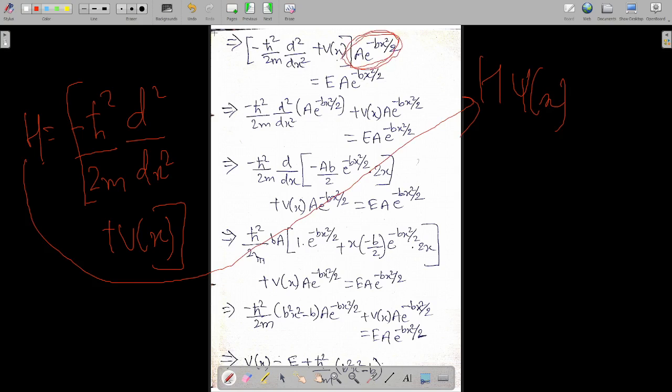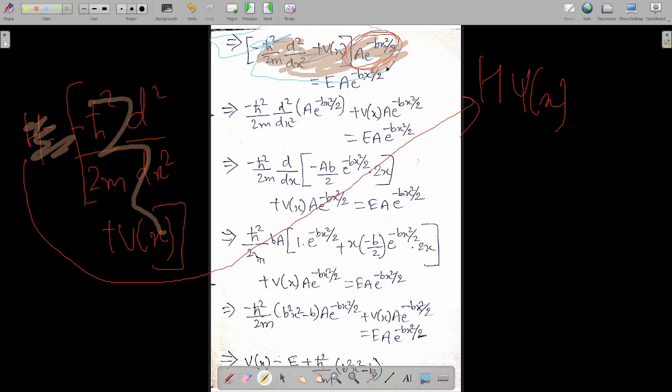So ultimately you get this thing which has been written over here, because you substitute in the place of H this term, and in the place of ψ this term.